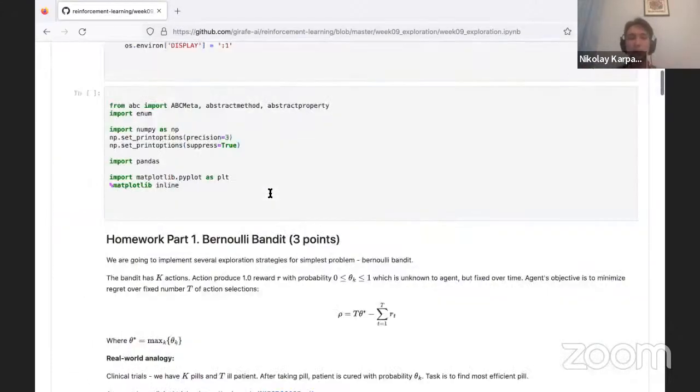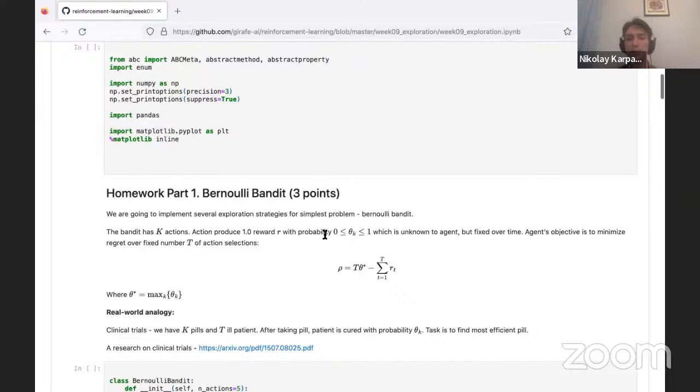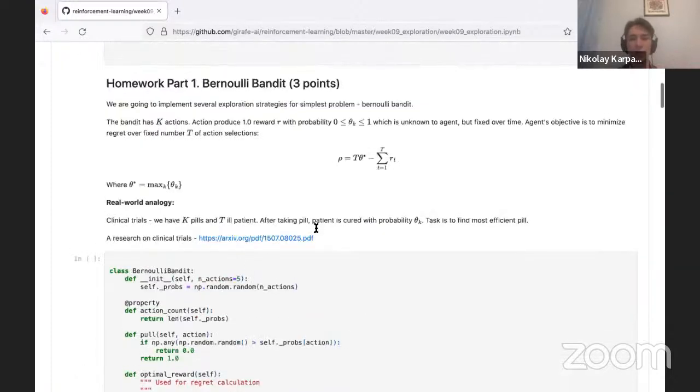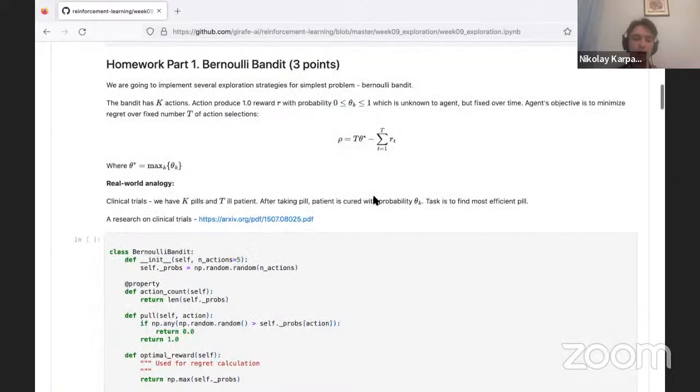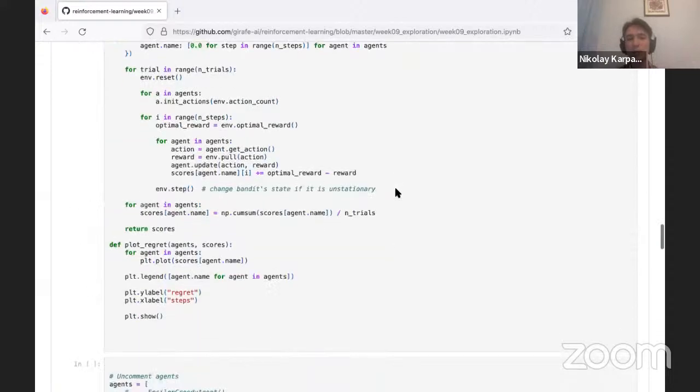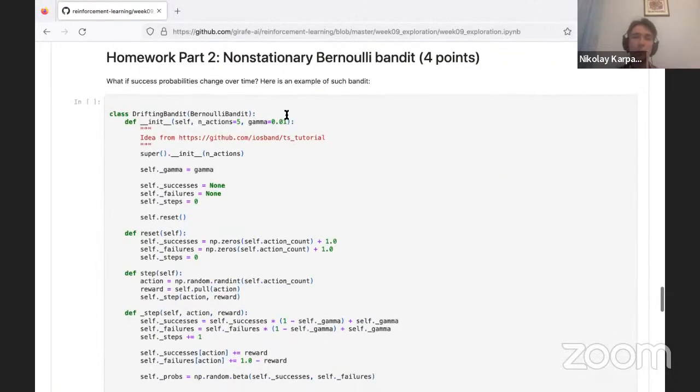It means that the probability of success of each action is fixed and does not change over time. So it's easier to understand which one is optimal than in the case of changing probabilities of success. That's the non-stationary part.